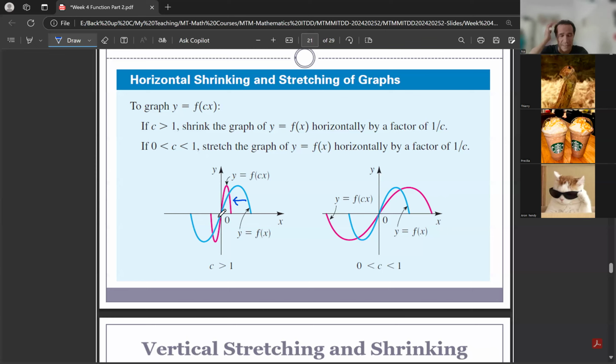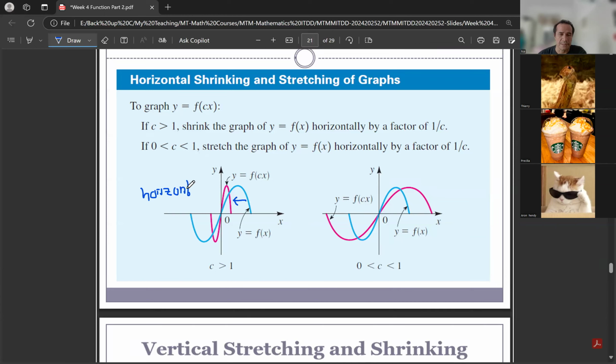In bahasa: kurva biru dimampatkan sehingga menjadi kurva merah secara horizontal. So this is horizontal shrinking.